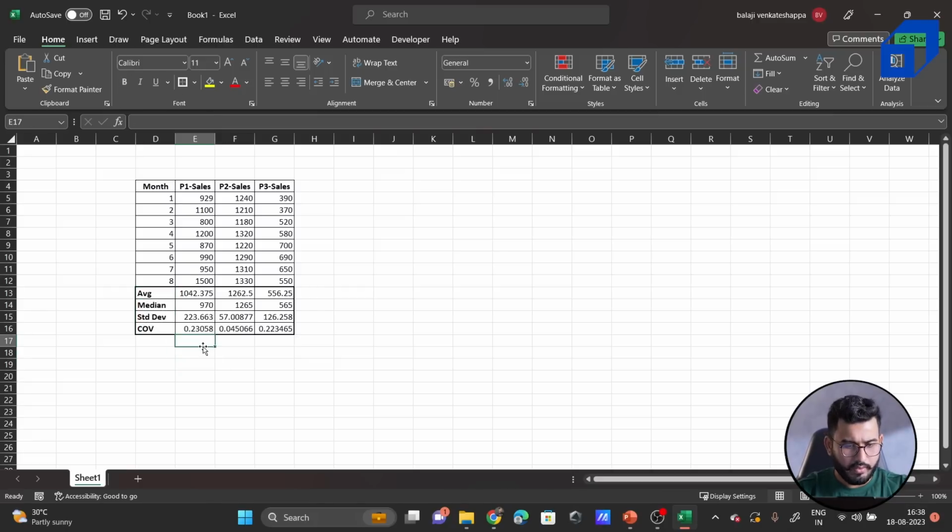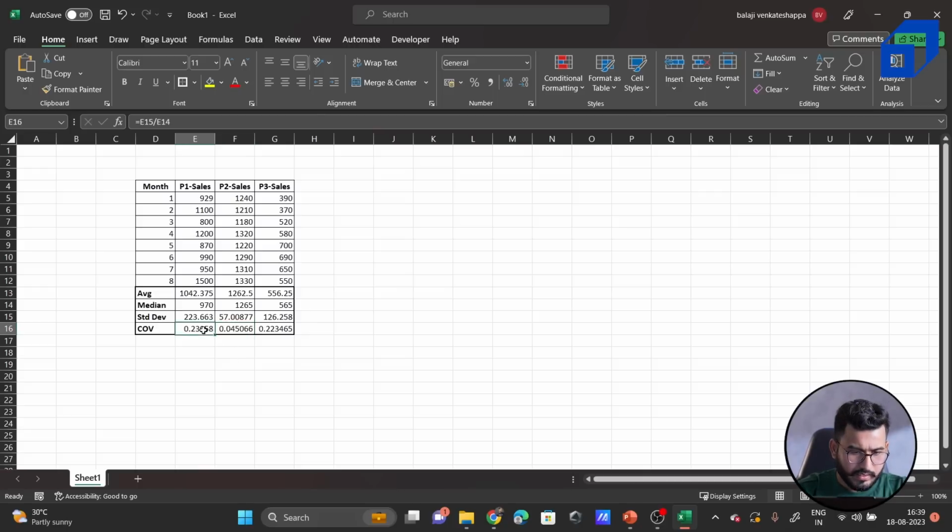Now if you carefully observe, I would start with product number 2 first. In product number 2, you can see that the standard deviation is very small, while the coefficient of variation is also very small.